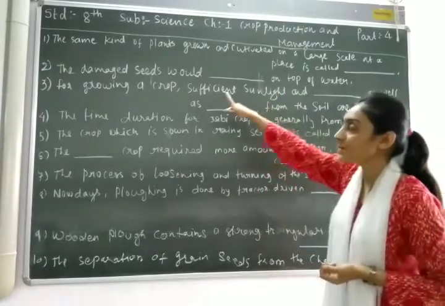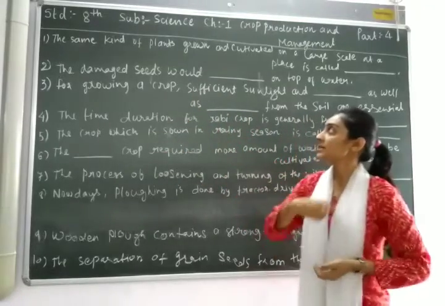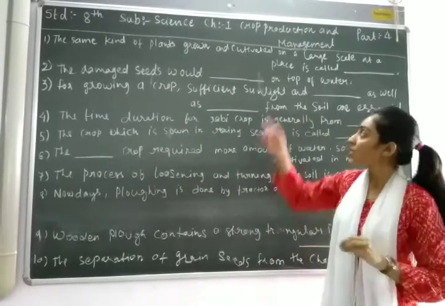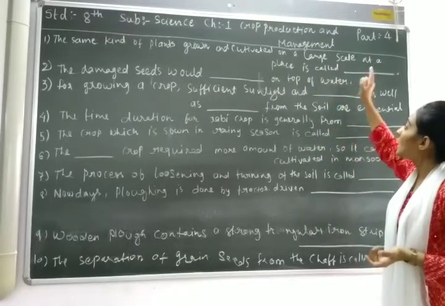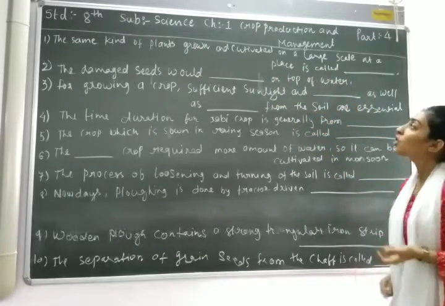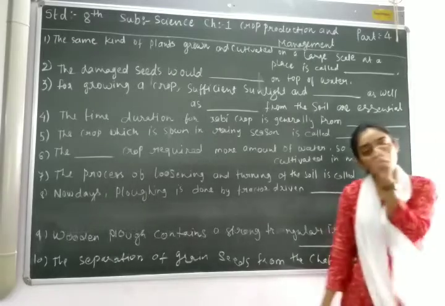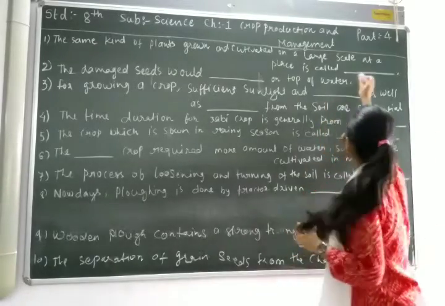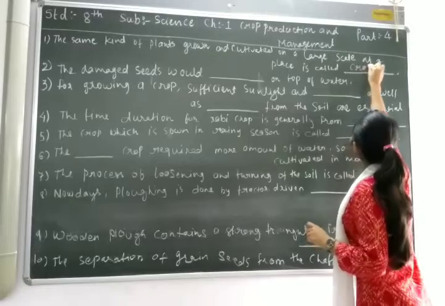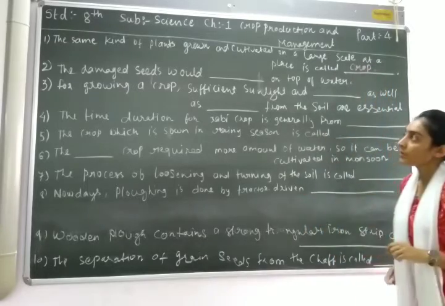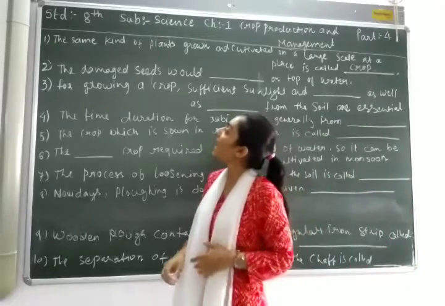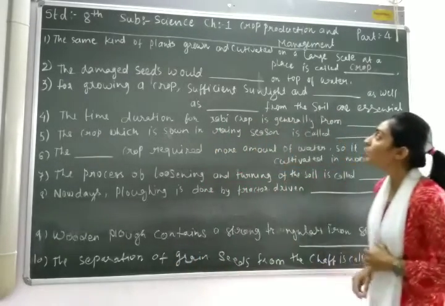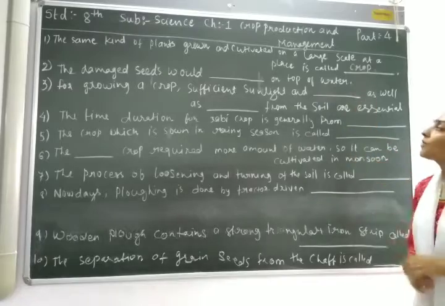My first fill in the blank says, the same kind of plant grown and cultivated on a large scale at a place is called, it's nothing but my definition of crop. So what will come over here? That is crop.